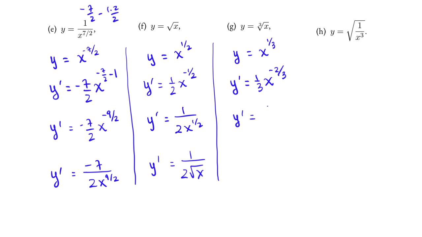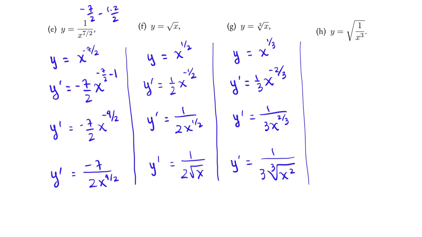Y prime equals 1 over 3 x to the 2/3. We bring this down to the denominator and make the power positive. And again, since the original problem was given in radical form, we need to put this in the radical form as well. So y prime equals 1 over 3 cube root x squared.